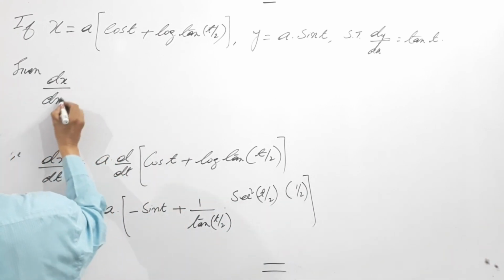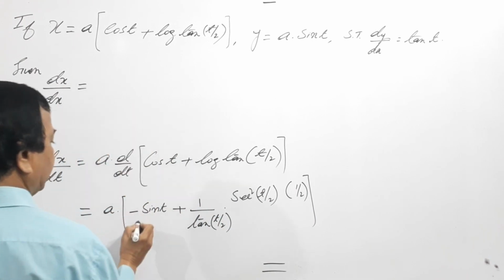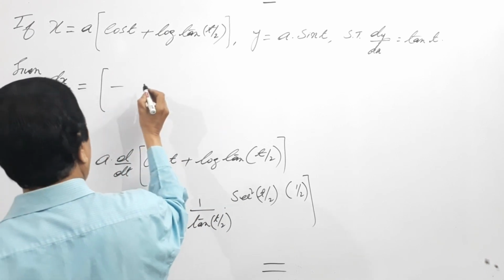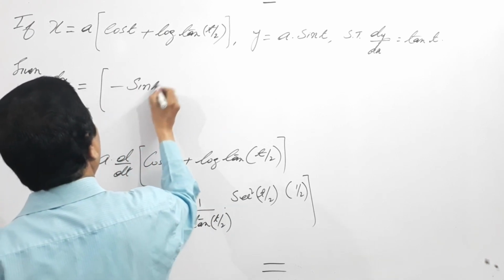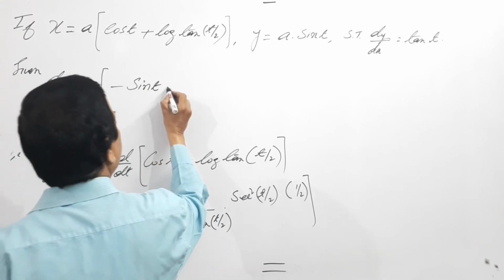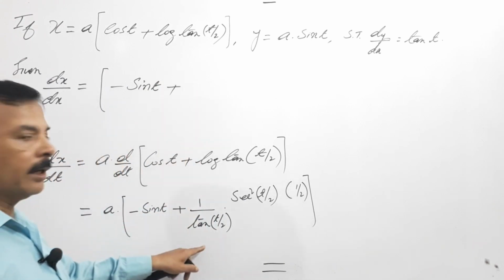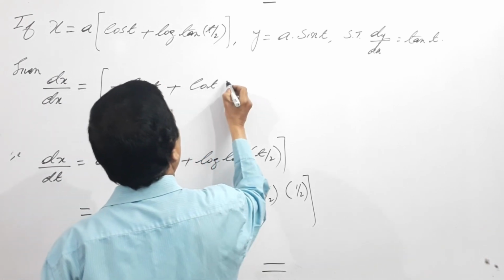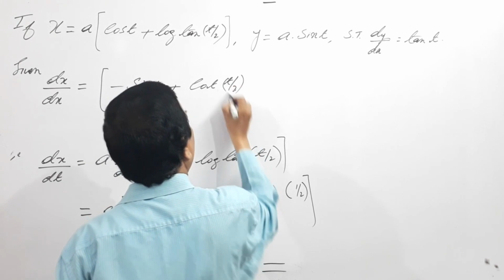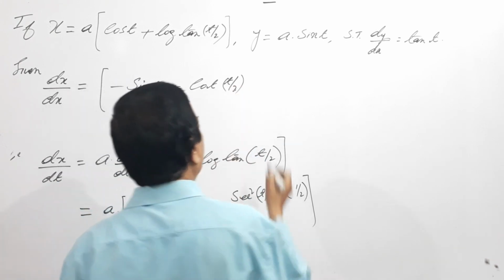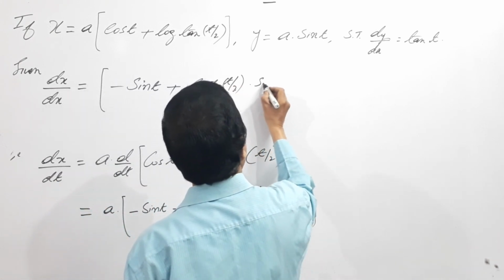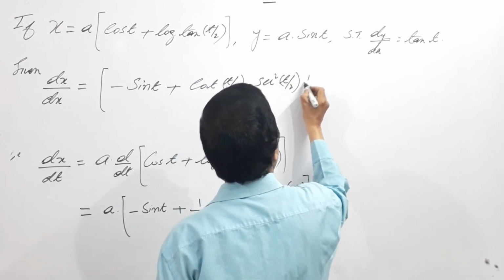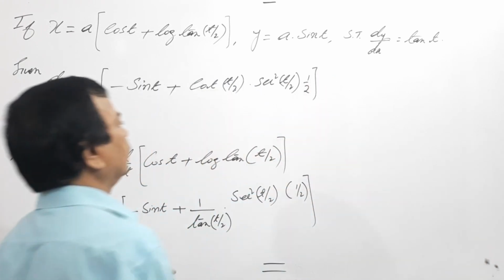dx by dt equals, I will take this minus sign, so this becomes minus sin t plus this 1 by tan is the reciprocal, cot t by 2, into secant square t by 2 into half. Done.